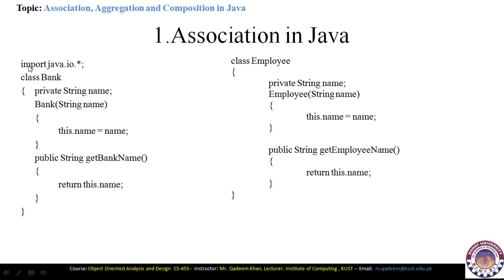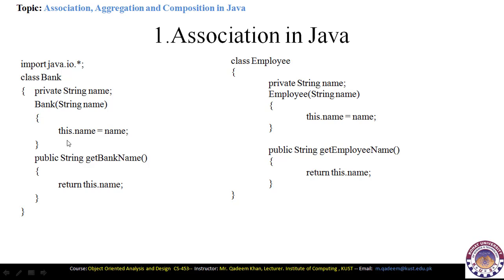First we have declared a library import java.io.*. This is used for input-output purposes. Then we have declared a class public Bank. Here is a private String name variable. It is the constructor of this class.